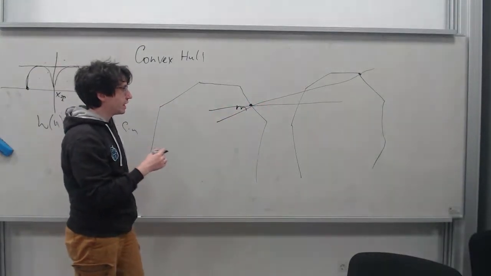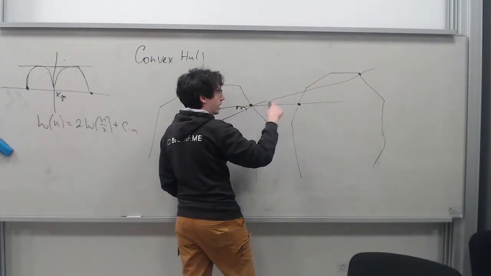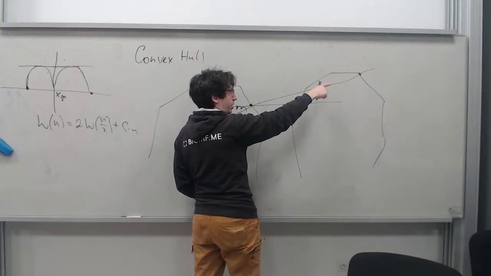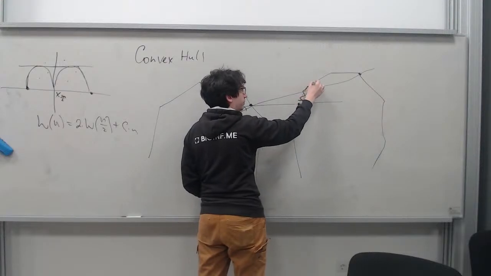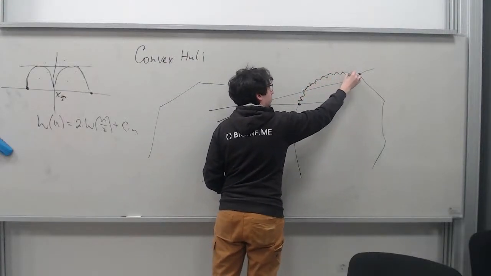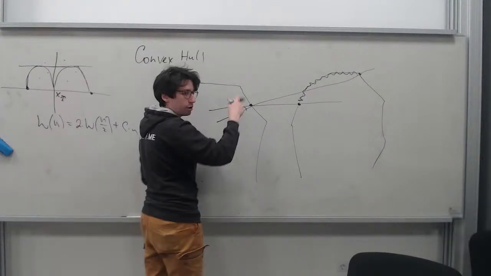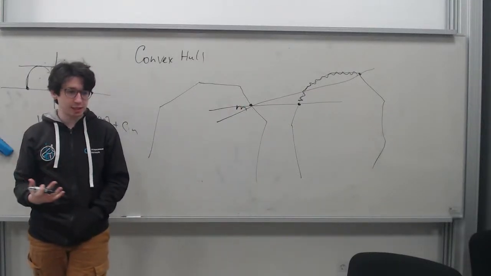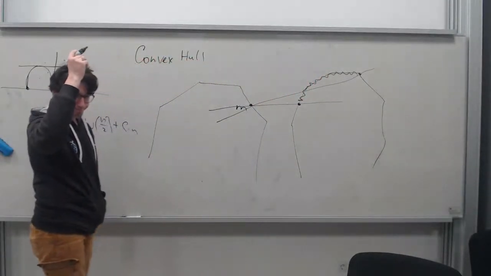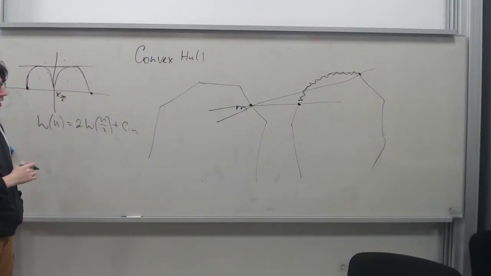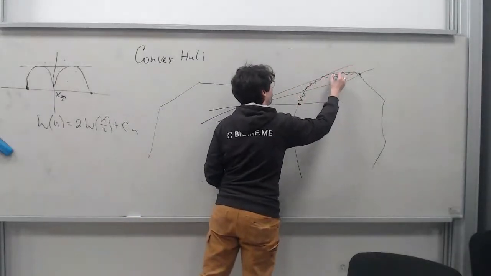Here is this node and this node, and you can understand that the resulting tangent that we want to find is somewhere here. For a node here and a node there, you can understand whether your tangent is to the left or to the right. And then you build the tangent there.